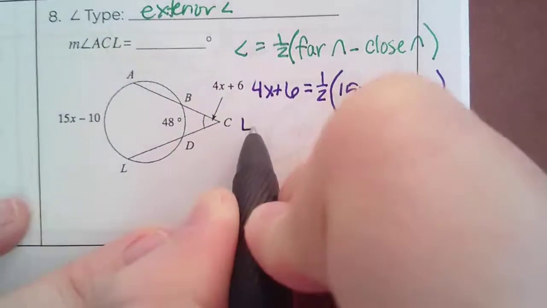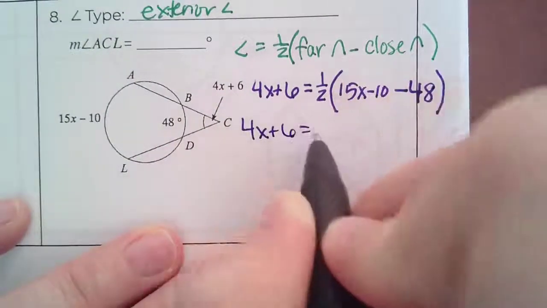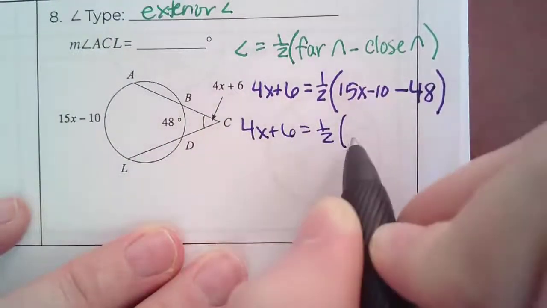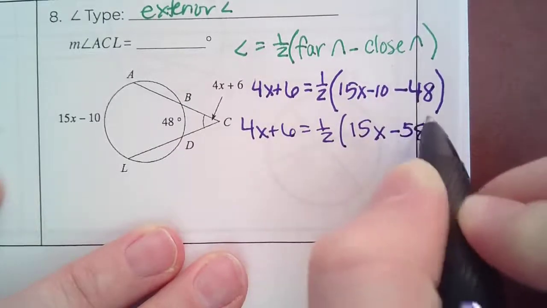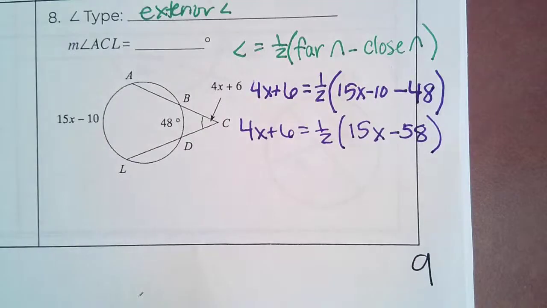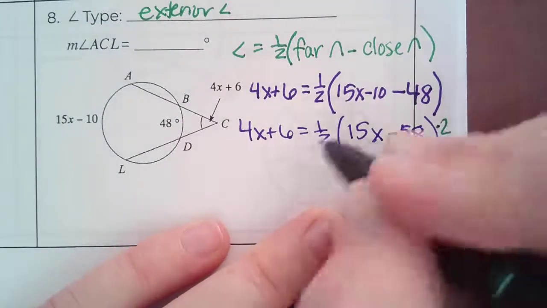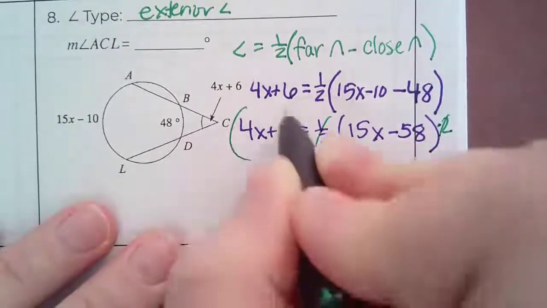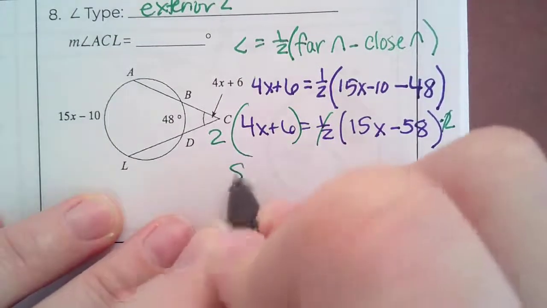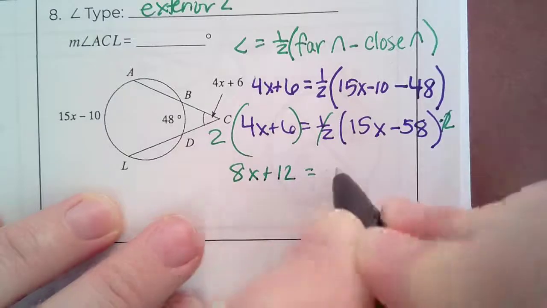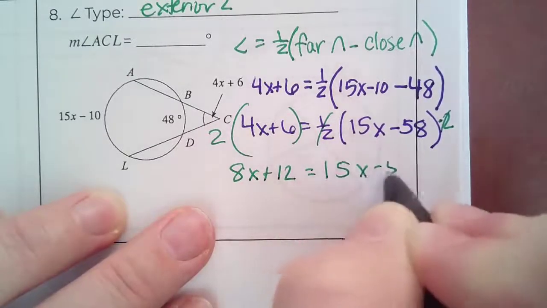So I have 4x plus 6 equals 1/2 times 15x minus 58. Which did you guys like better, multiplying by 2 or just distributing the half? Multiplying it? Okay. So if I multiply by 2, that goes away. I would multiply by 2 over here. So I'd get 8x plus 12 equals 15x minus 58.